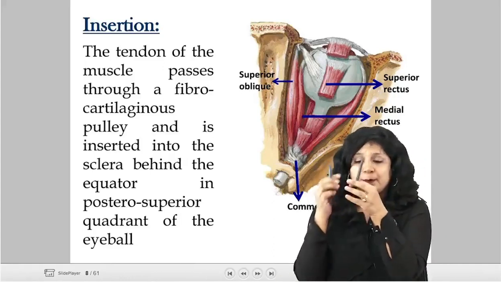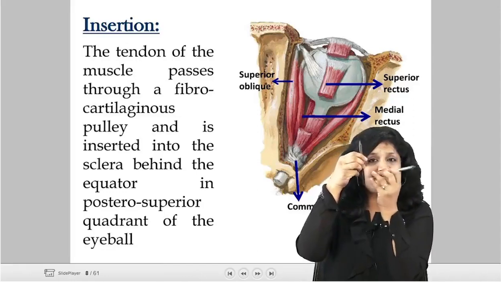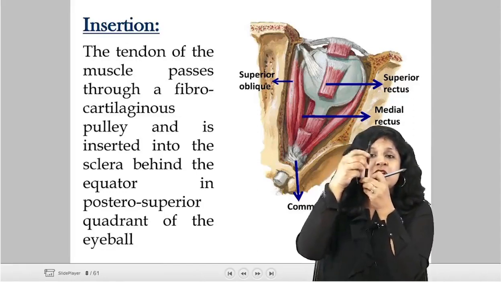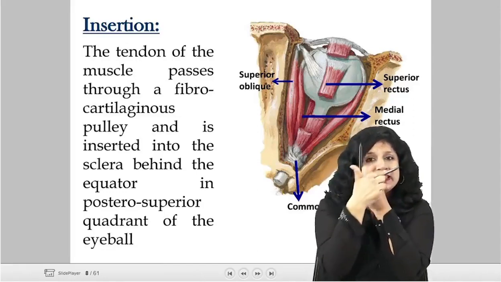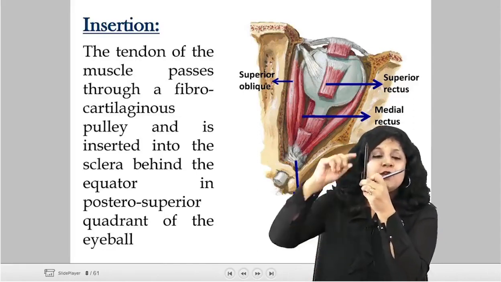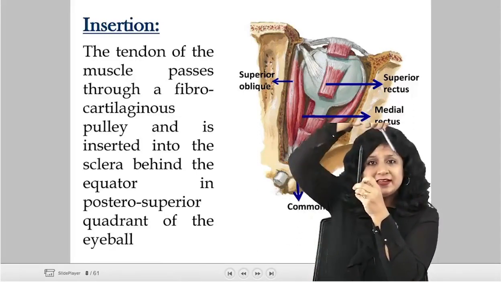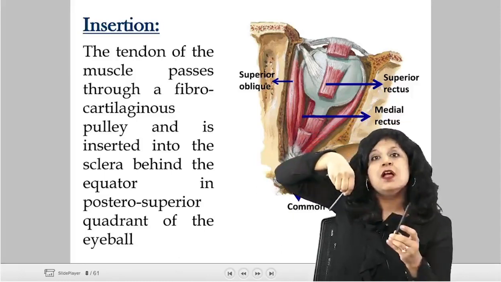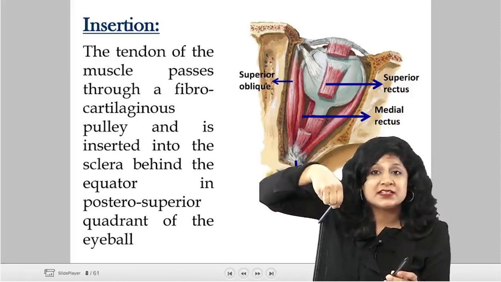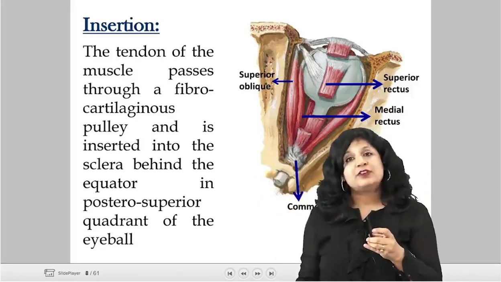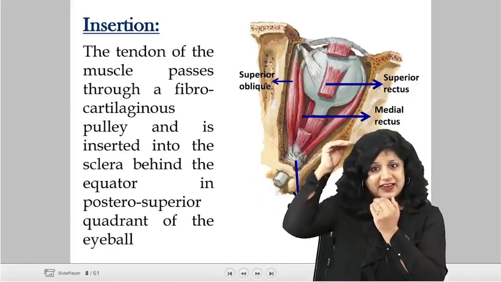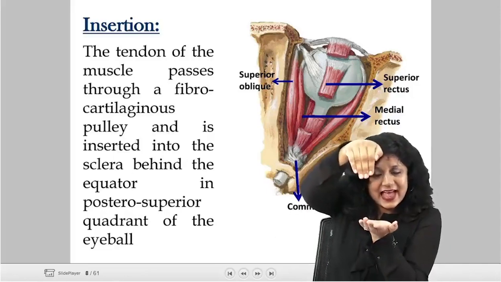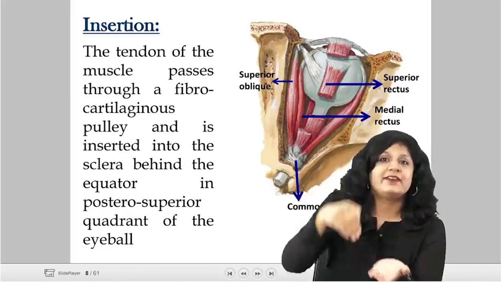So if this is an optical axis and this is the large axis at which the oblique muscles are inserted, medially 51 degrees, what is happening? They are going and inserting like this, backwards. So they are coming posterior to the equator in the sclera. While what was happening with the rectus muscles, they were coming anteriorly and inserting into the sclera straight.